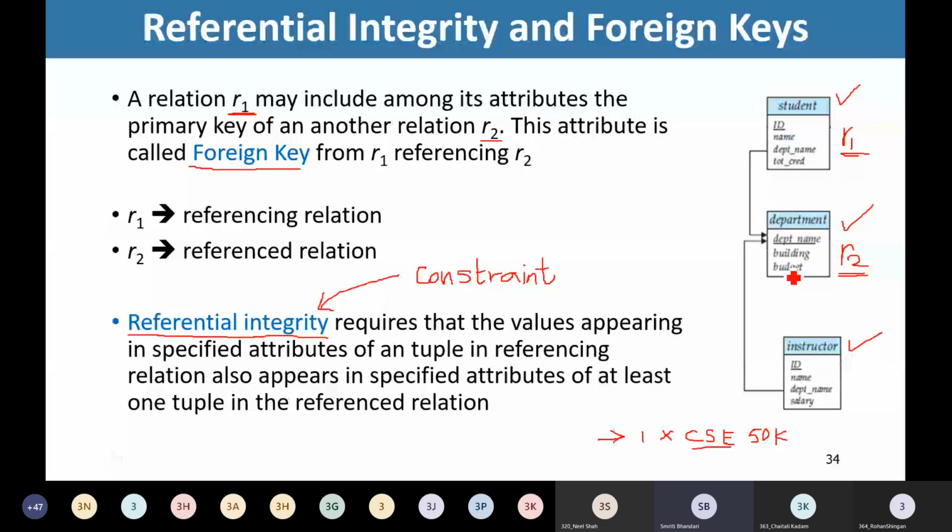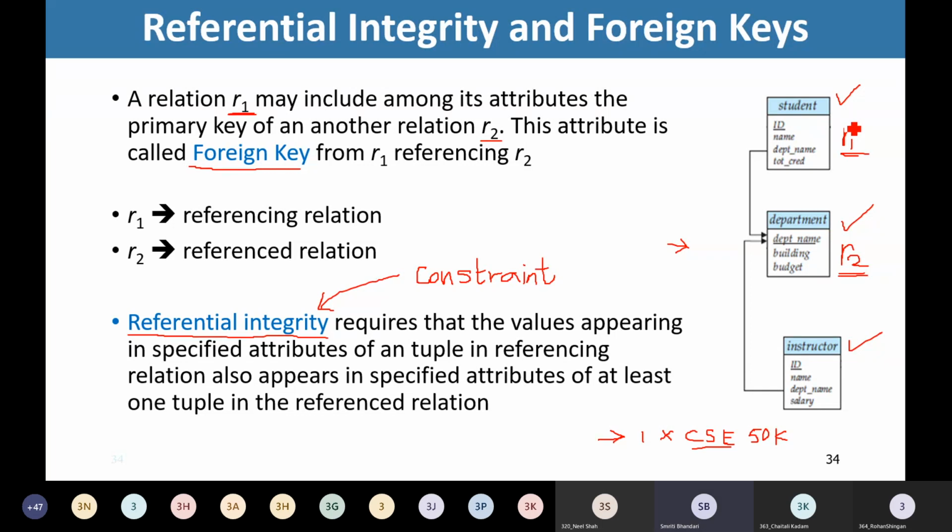Unless and until the department relation contains the tuple for this CSE department, it is not possible for me to input that department name in the instructor table or in the student table, wherever it has been referenced.